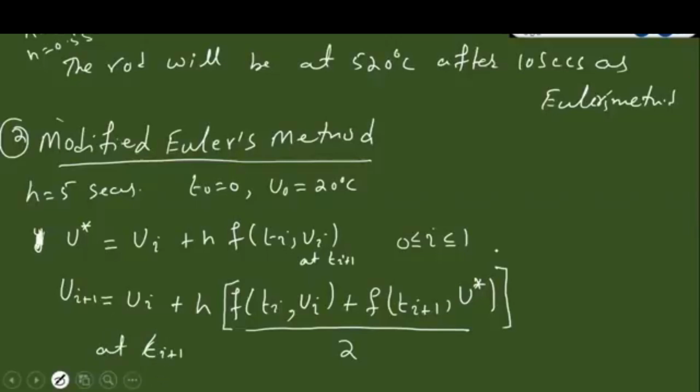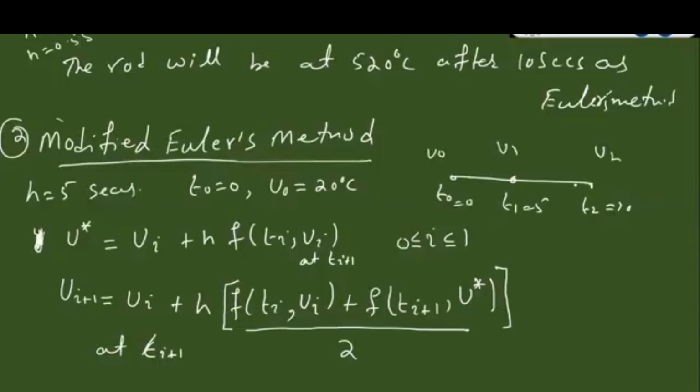For each step the geometry is still the same. You will have t naught, t1, and the ending time t2, which is 10 seconds, with 5 seconds and 0 seconds, and u naught, u1, u2. u naught is given to you as 20. Using this, you have to find u1. Once you know u1, you use t1 and u1 to find u2 at t2.